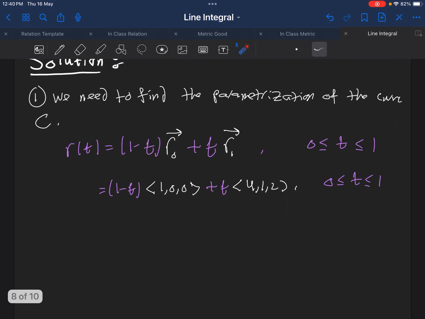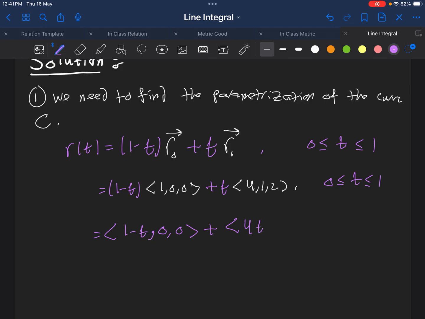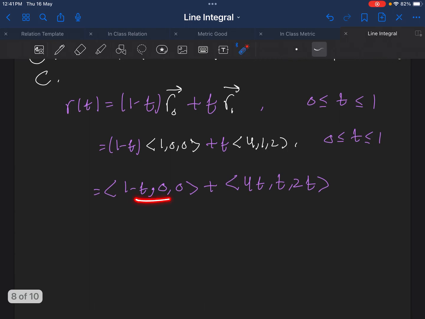Now all we need to do is distribute the factor outside inside the vector. So we will get 1 minus t for the first component. If we multiply anything by 0, we'll just get zeros. Now the second one is 4t, t, 2t. Now we have to combine these two together.